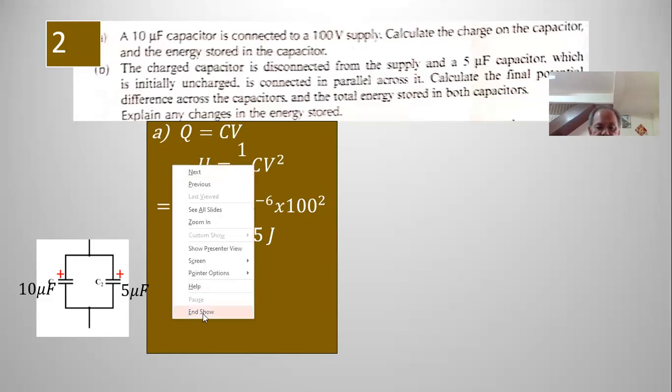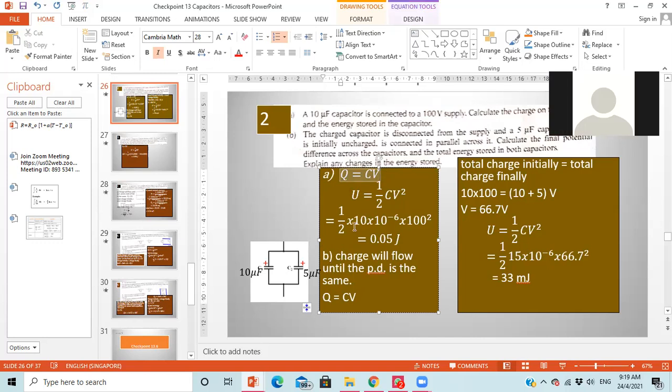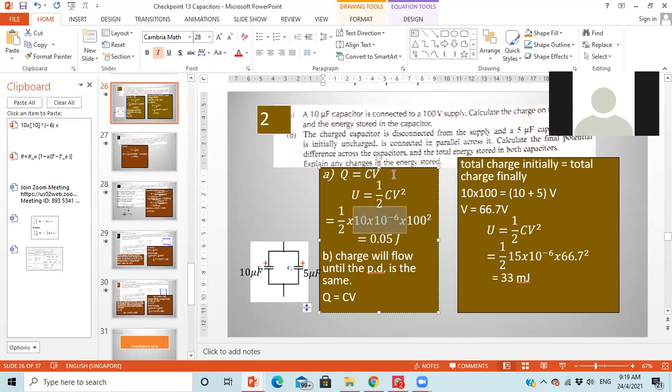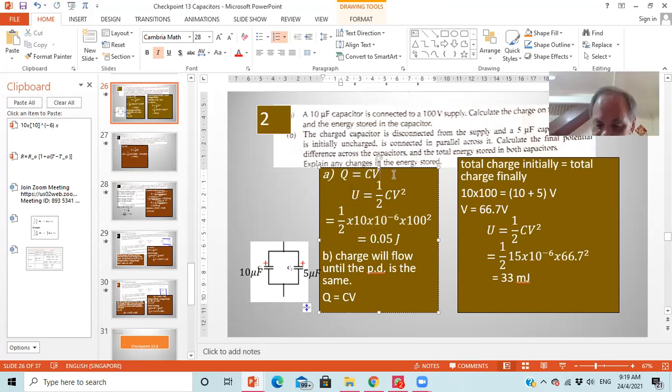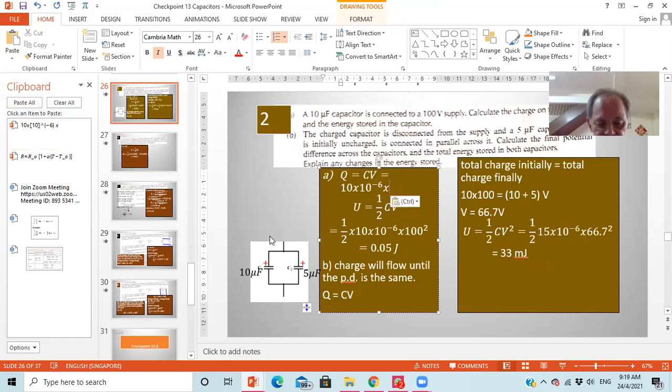Okay, if we are not sure, we can work it out. Yeah, CV squared, sir. This is CV what? You go CV only if you want to calculate charge. Yeah. Just take 1.0 times 10 to the power of minus 5 times 100. Times 100, that's all.